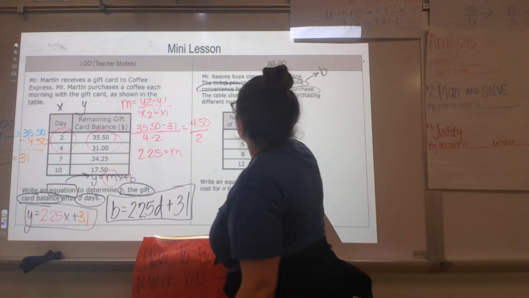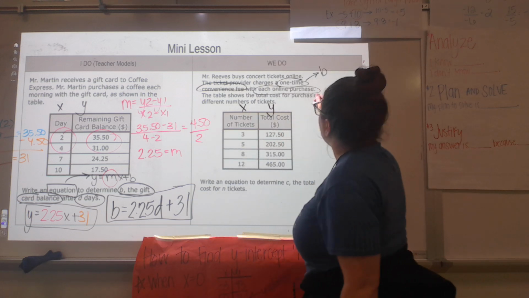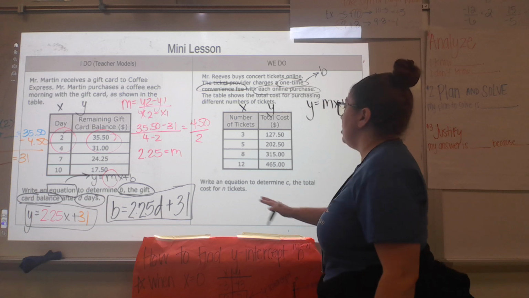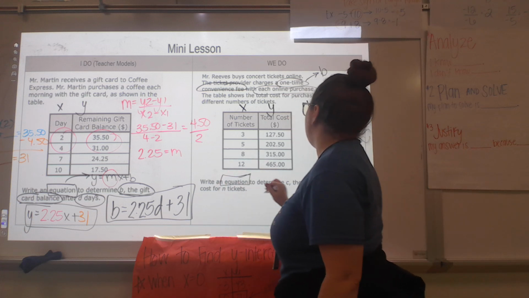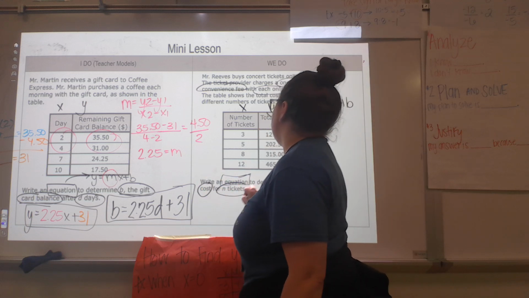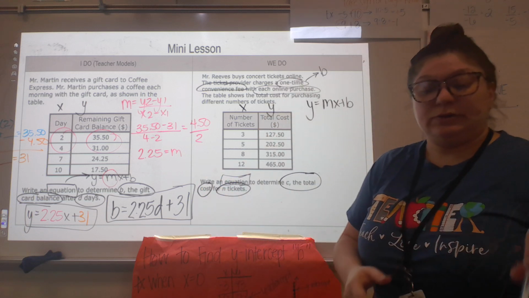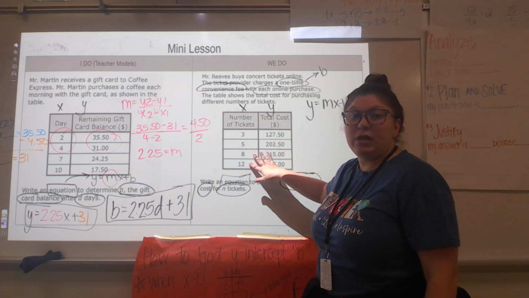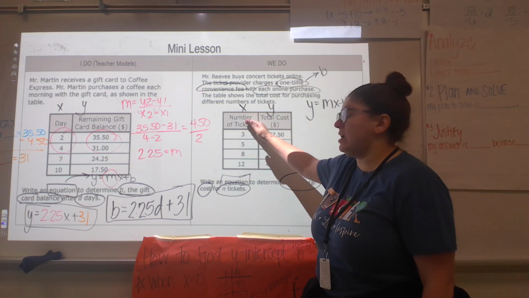So remember, this is my x, this is my y. I'm still going to be using y equals mx plus b, because they want me to make an equation where C is the total cost for N tickets. If I notice, I do not have a starting point here. I don't have where x is 0.